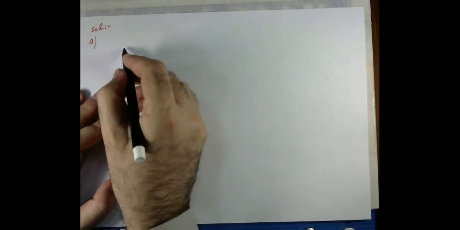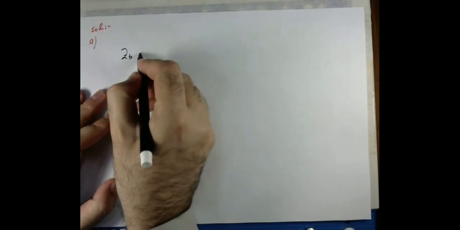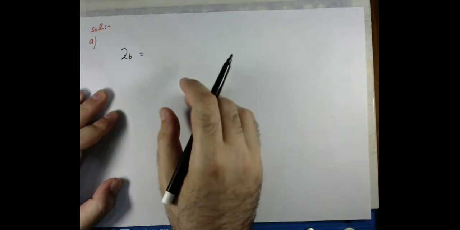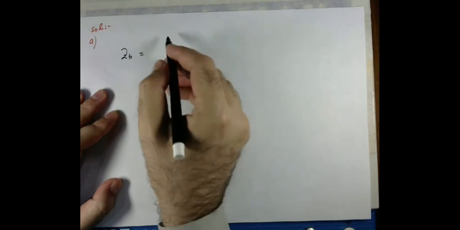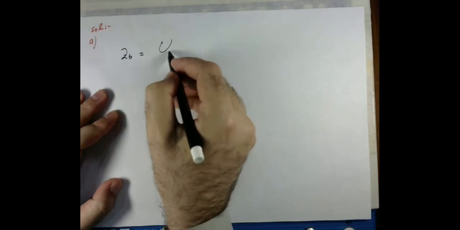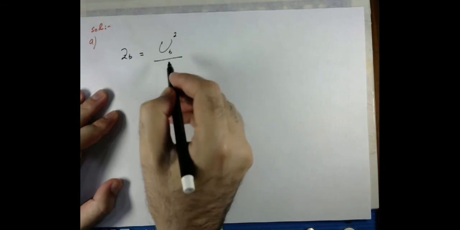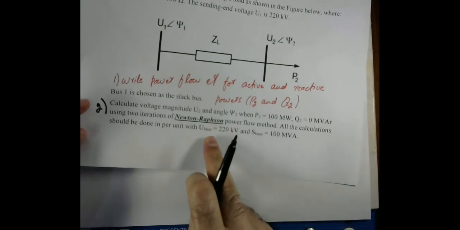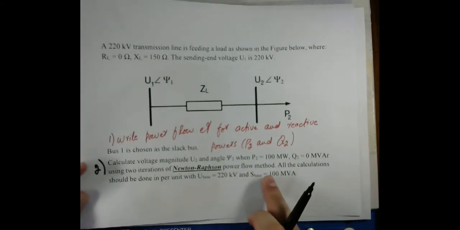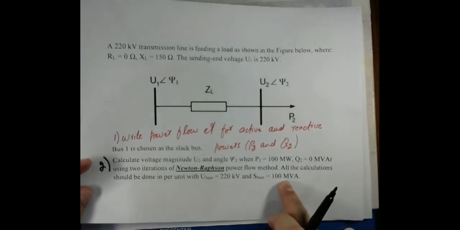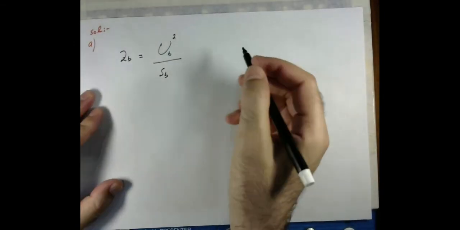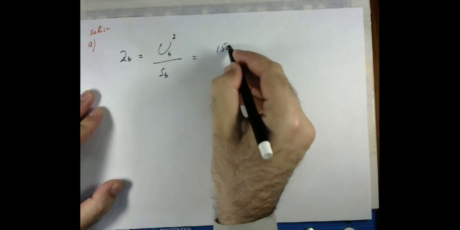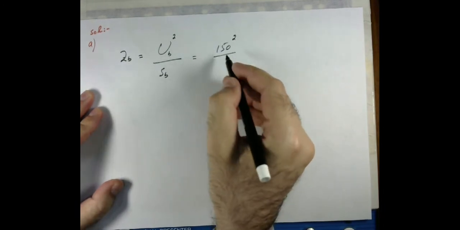Now the Z base: for converting values into the per unit, the actual value should be divided by the base value, and the base impedance is equal to the base voltage square divided by the S base, and the base voltage is already mentioned here, take it as 220 kilovolt, and the S base as 100 MVA. So now using the given values, it will be equal to 150 square divided by 100.